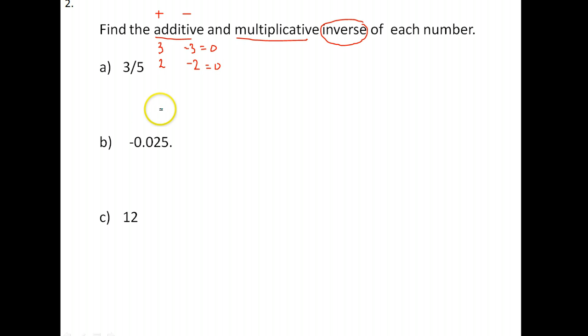Multiplicative is the opposite also, but it's the opposite as far as reciprocals. And maybe you remember the word reciprocal from doing fractions. Reciprocal means you flip a fraction. So for example, the multiplicative inverse of 3 over 2 would be, we flip that fraction and get 2 over 3.